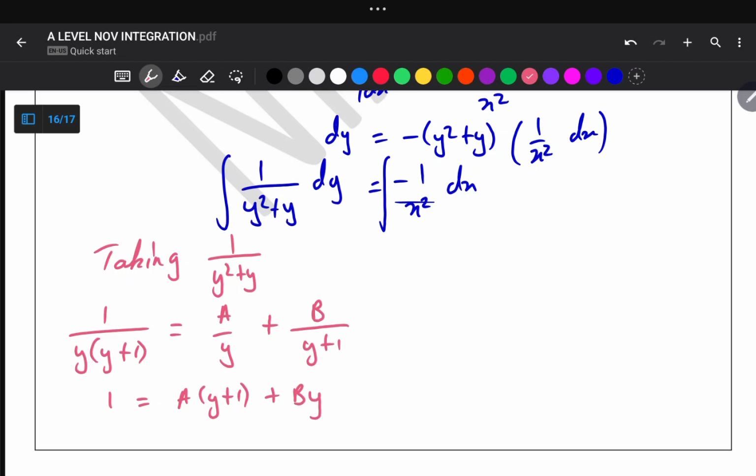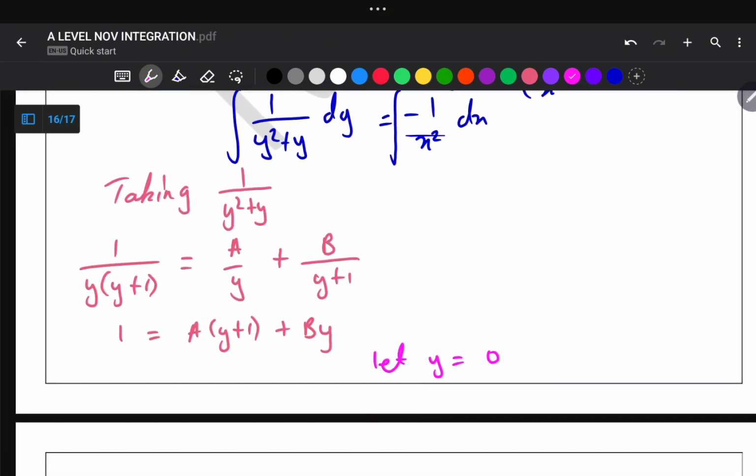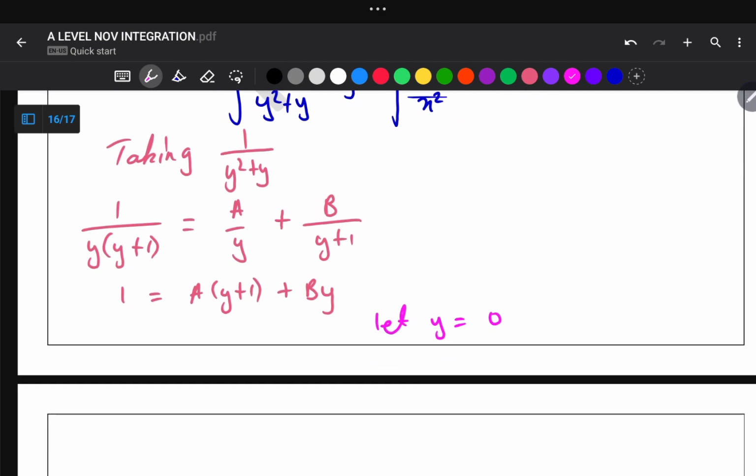So here we can let y be 0. If we let y be 0, the B term becomes 0, so we are left with 1 being equal to A. So A is equal to 1. We can also let y be 1.